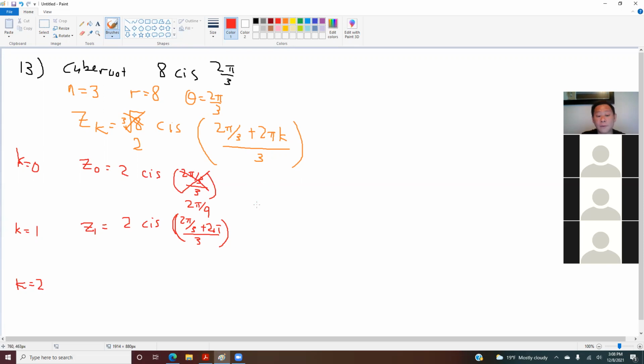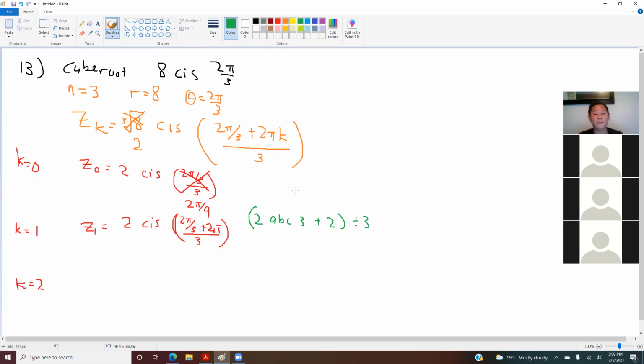If you're using your graphing calculators, you can just type this out and then put your math to fraction. If you use your non-graphing calculators, then you use your ABC. You take 2 ABC 3 plus 2, put them in parentheses because you do that first, and divide this by 3.